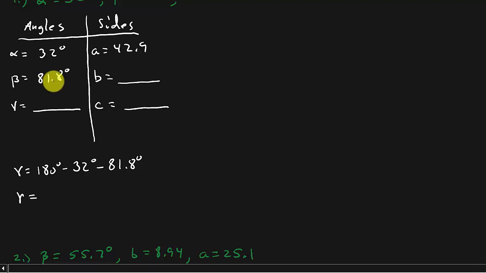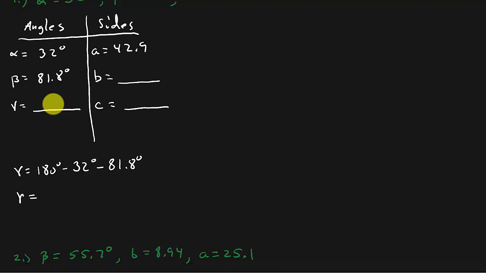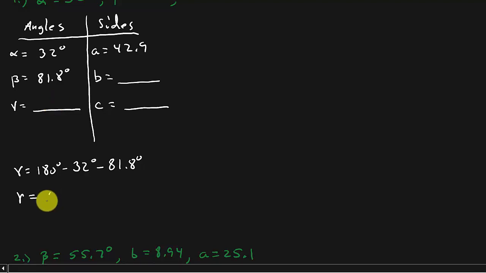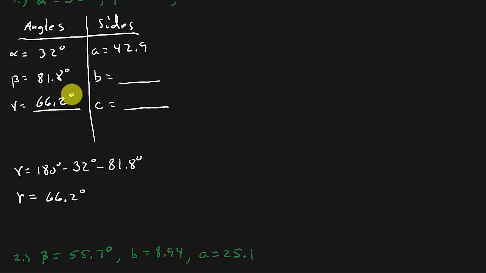So if I do 180 minus these angles, that's going to tell me what this is. So I am going to get gamma is equal to 66.2 degrees. Yep, 66.2. I just had to check myself real quick.